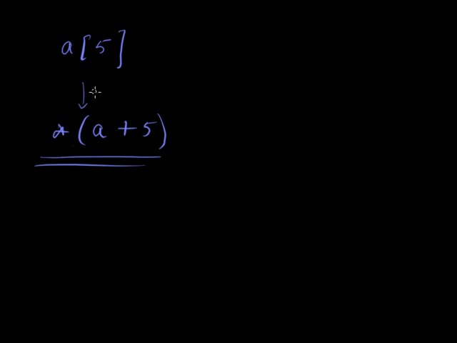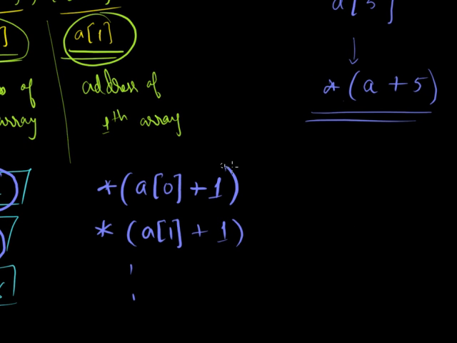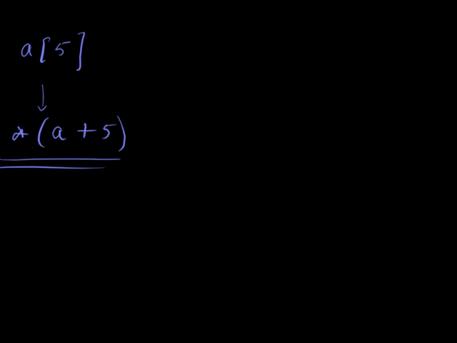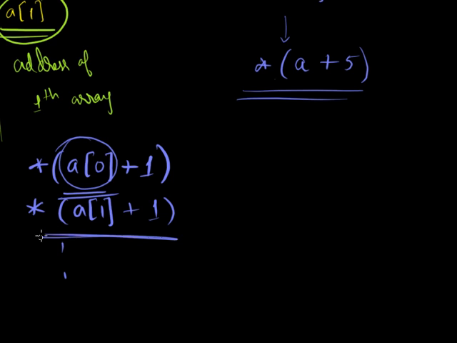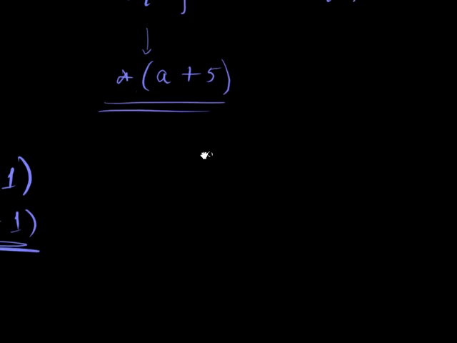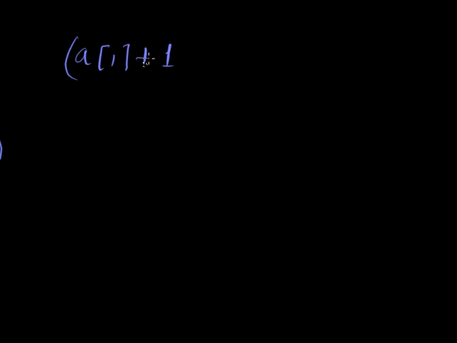So this is in case of the 1D array. Now we had a 1D array here also. So to say a of 1 plus 1, we are taking this example, we have the value of a of 1 plus 1.